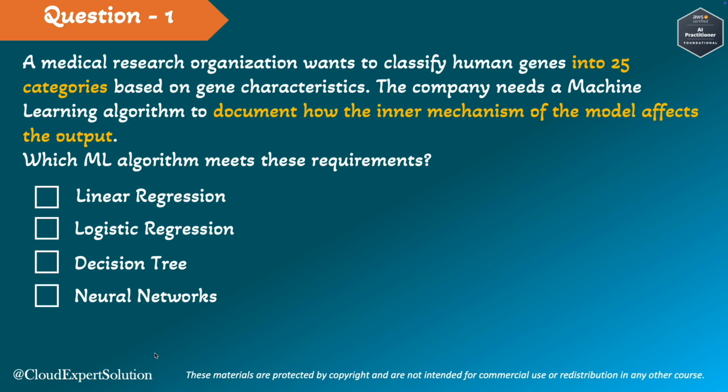Let's start with the first option, linear regression. Linear regression is used for predicting continuous outcome, not for classification task. We need a model for classification work, hence this is not a correct option. Next option is logistic regression.